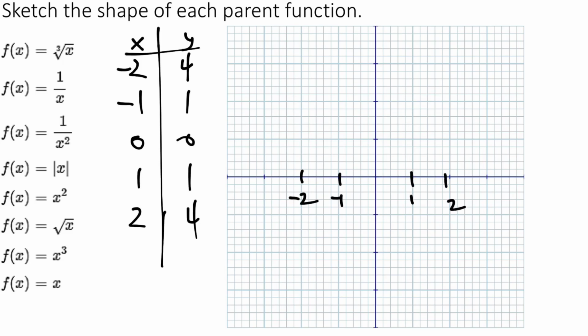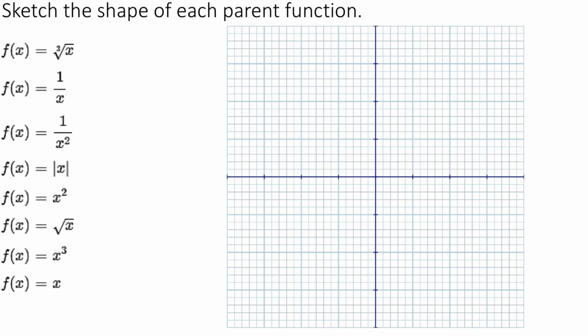All right, so I've got negative 2, 4, negative 1, 1, 0, 0, 1, 1, 2, 4. So we know this is the standard parabola facing up, centered at the origin, with no translations. So we've studied that one a lot in the past as well.